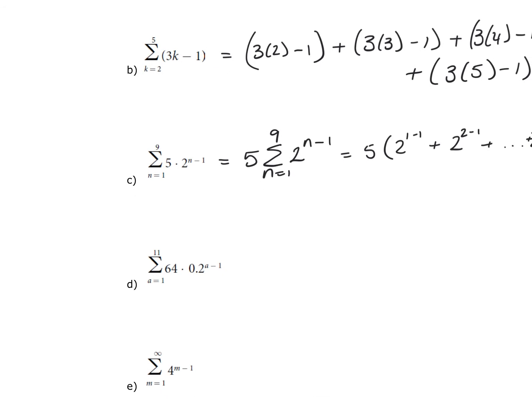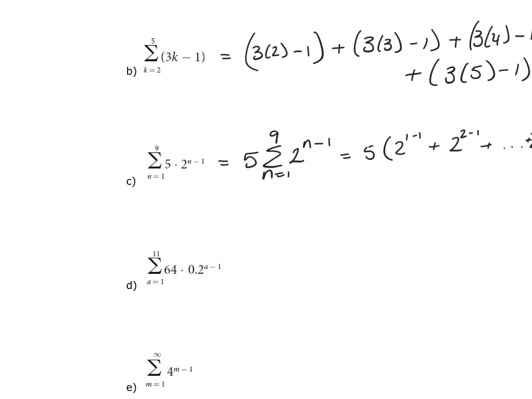So the formula for this would be the first term, so I'd have to find a sub 1, which is 5 times 2 raised to the 1 minus 1, which is 5 times 2 to the 0, which is just 5. So that's my first term.